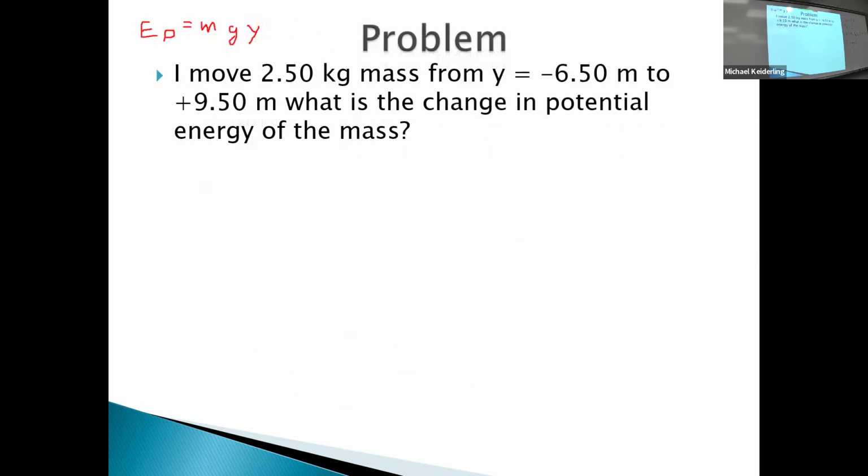And then lastly, if I move a 2.5 kilogram mass from y equals negative 6.5 meters to positive 9.5 meters, what's the change in potential energy of the mass? So this is where we aren't starting at 0. We're starting at a known value and going to another known value.